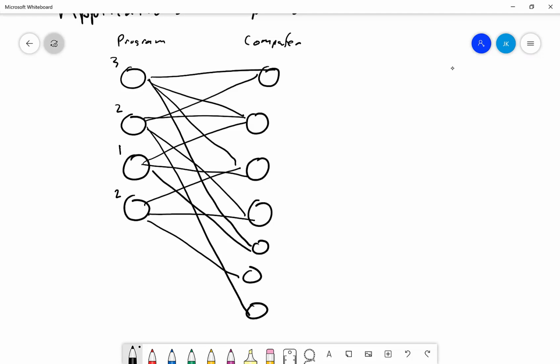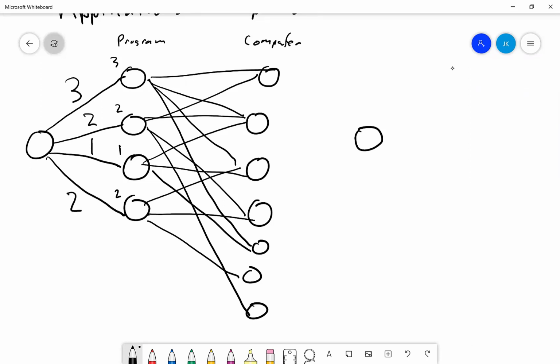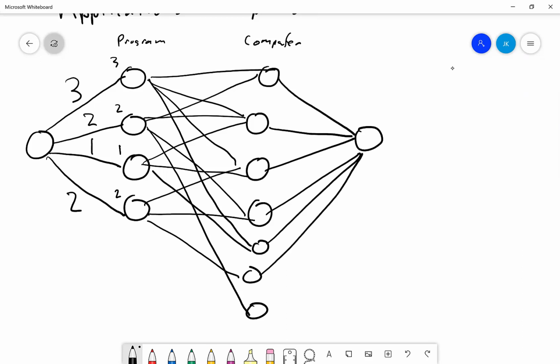The way we turn it into a max flow problem is we create a source and a sink, and we connect the source up to all of the programs. The capacity of these edges will be how many copies of the program we want to run. The capacity of the edges going to the sink, coming from each computer, will be 1. In other words, each computer we would like to run one program.